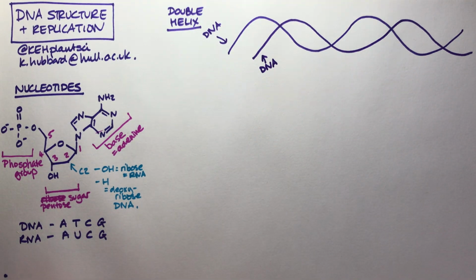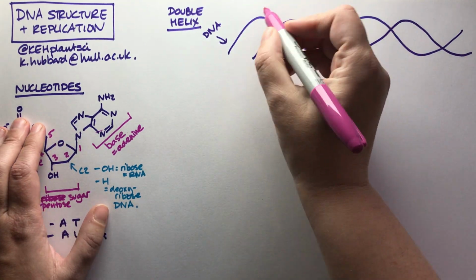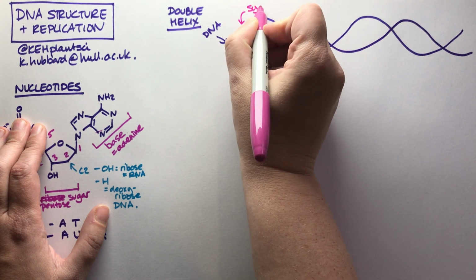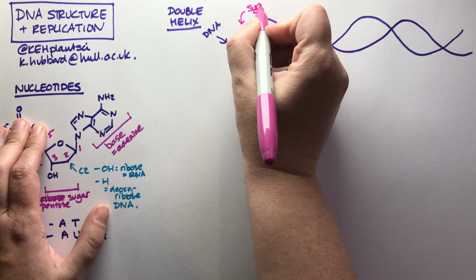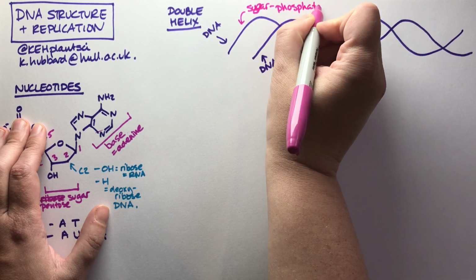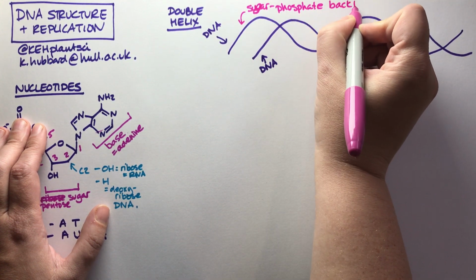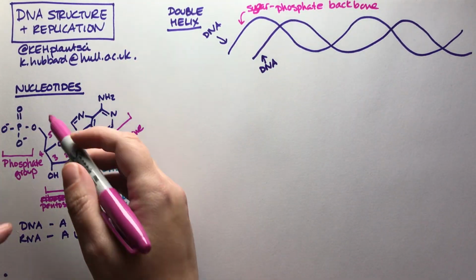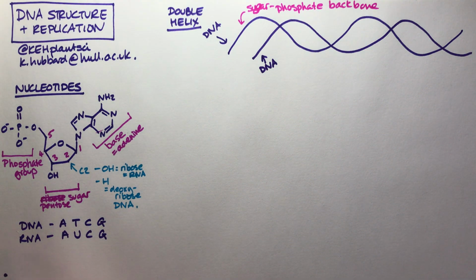So the line that I've drawn, this solid line, represents the sugar phosphate backbone. So what happens is the sugars and the phosphates all link together into these long chains.